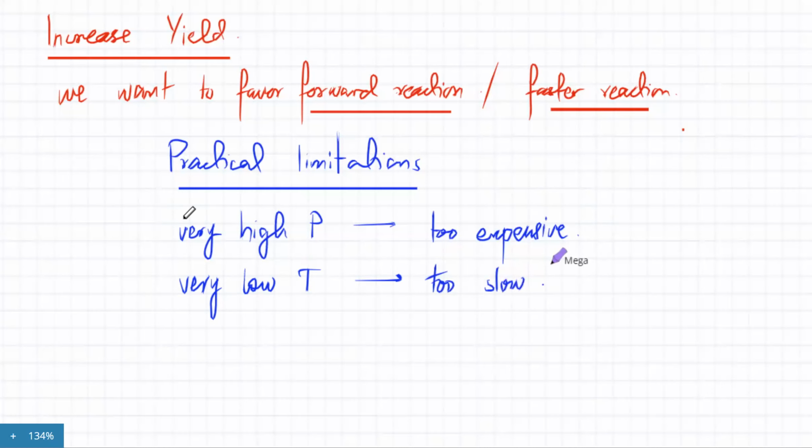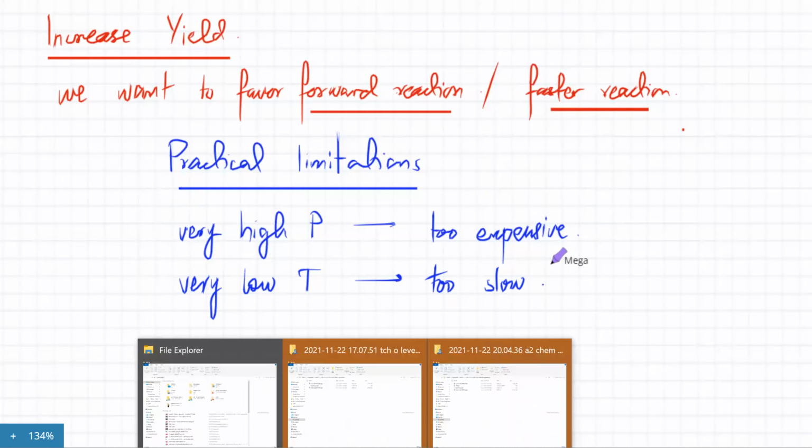So two practical limitations, always be mindful of those. Can't use a very high pressure. Secondly, can't use a very low temperature as well. So we'll start practicing questions a bit. Just 1 second, let me open.